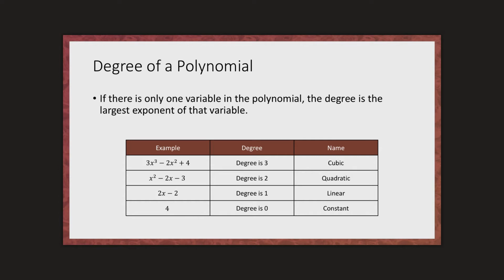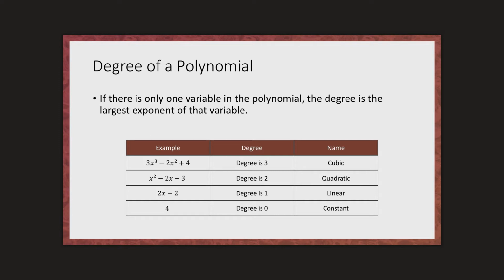So in 3x to the third minus 2x squared plus 4, the degree is the largest exponent, which is 3. In x squared minus 2x minus 3, the degree is 2. And in 2x minus 1, the degree is 1 because there is an exponent on that variable, and that exponent is 1. And for just a constant term, like 4, the degree is 0.